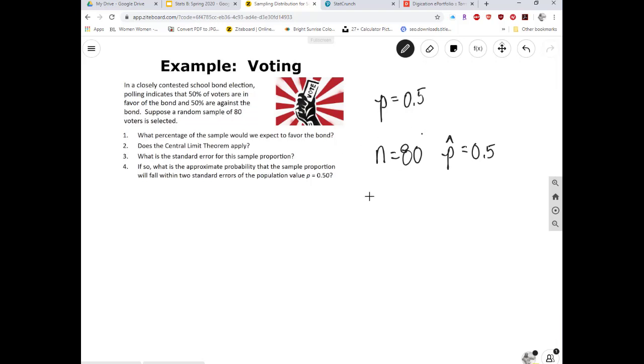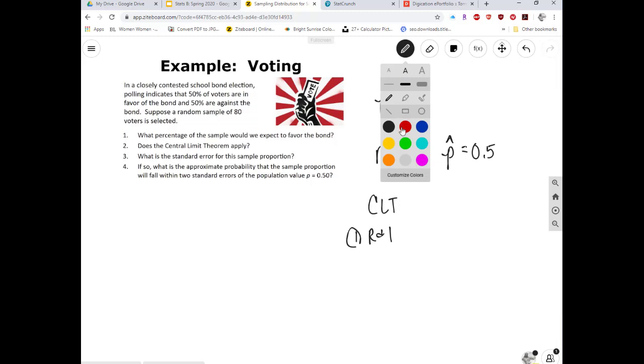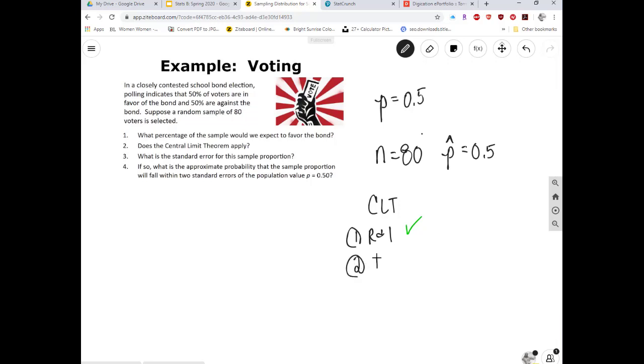Now I'm going to check the conditions of the central limit theorem. The first one is random and independent. Well, it says it's random, but it doesn't say it's independent, but I'm going to go ahead and give it the benefit of the doubt. So I'm going to say check. All right. Next one says that I need to have a large sample size. So to check my sample size, I need to multiply my sample size times the expected proportion.